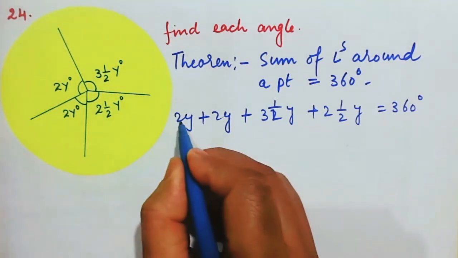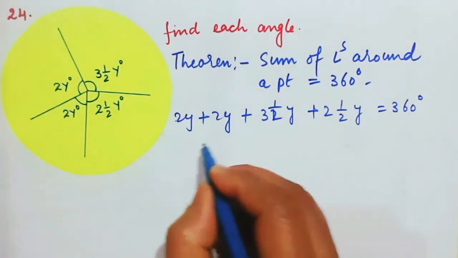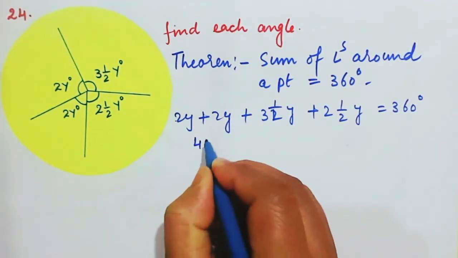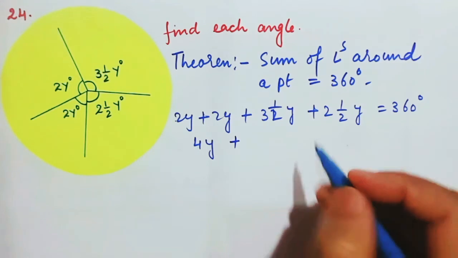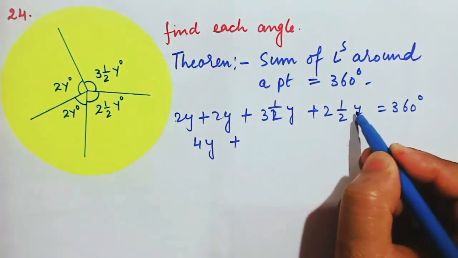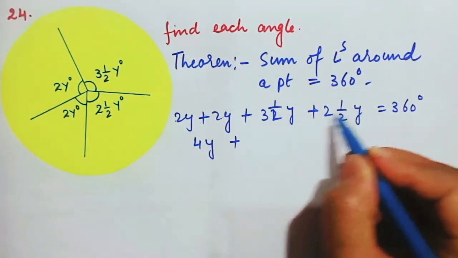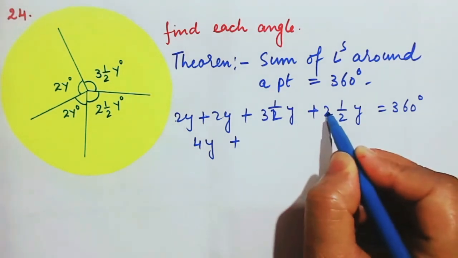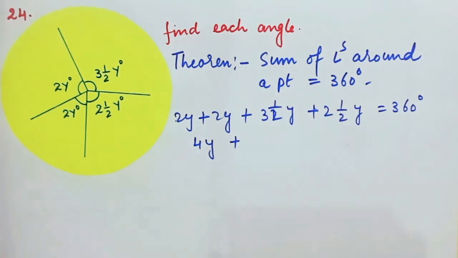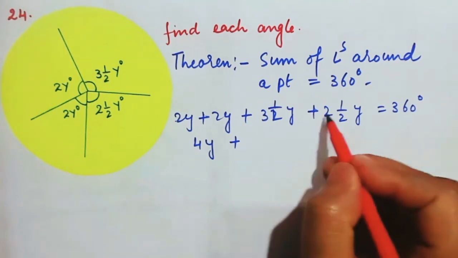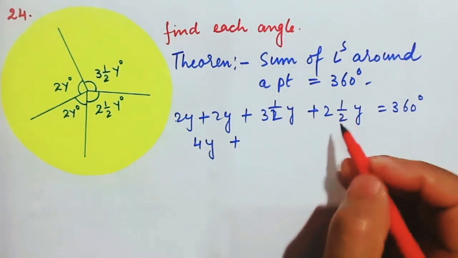Now, let us make it easy. 2y plus 2y is equal to 4y, plus 3.5 and 2.5. 3 plus 2 is 5, and half plus half is equal to 1.